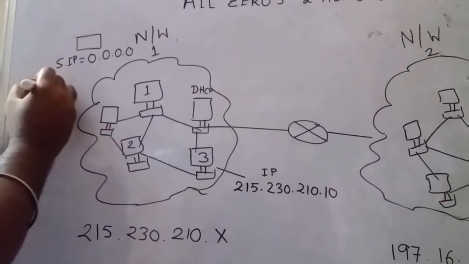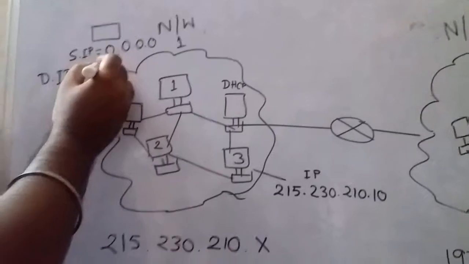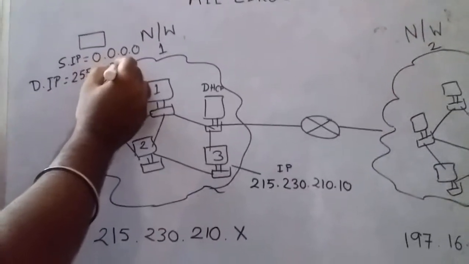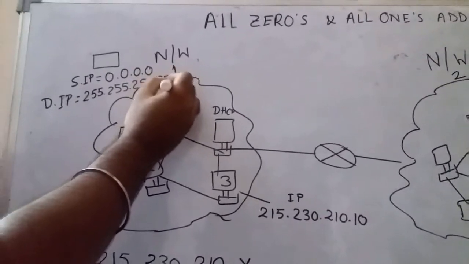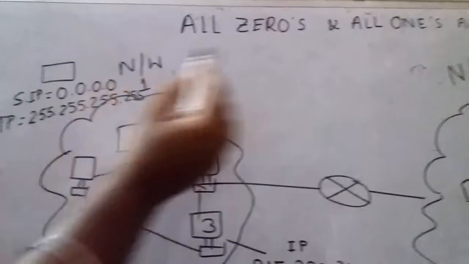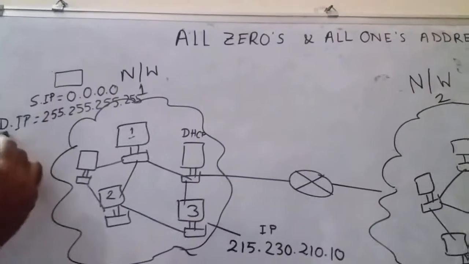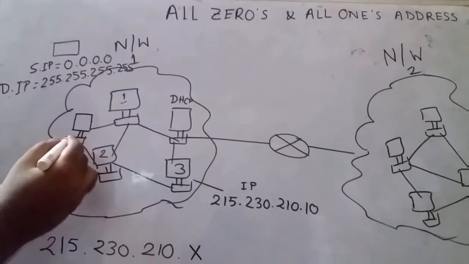The destination IP will be 255.255.255.255. So here you can see the all 0 address as the source address, the all 1's address as the destination address. All 0 address specifies this computer does not have any IP address.